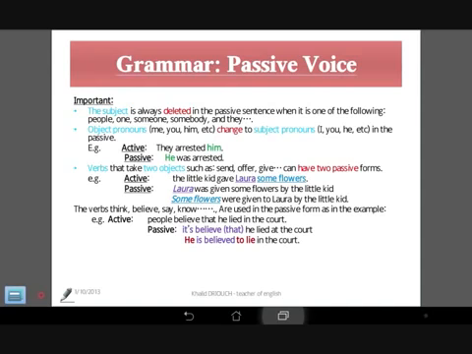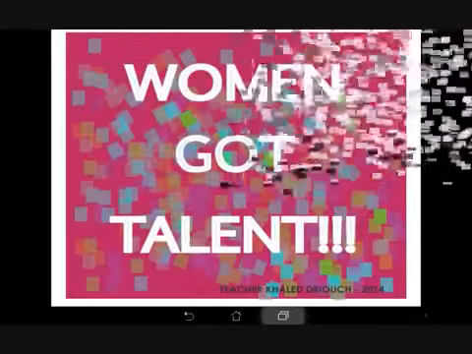The first one, which is really easy: it's believed that, it's thought that, it's said that he lied at the court. The second one, we start with he, which was the subject in the active sentence. And then we say he is believed, he is thought, he is said, plus the infinitive form of the verb in the active sentence, to lie in the court.